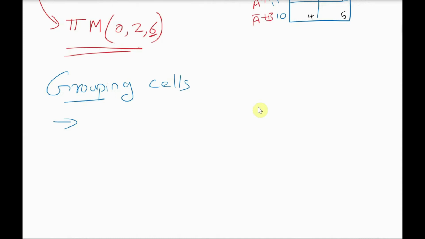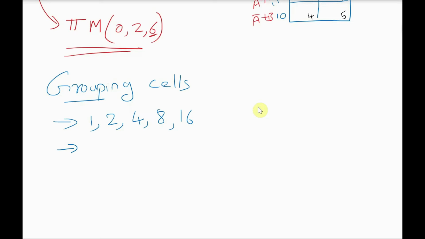The first condition is that a group consists of one cell, 2 cells together, 4 cells, 8 cells, or 16 cells together. We can also have 32 cells together when we consider the 5 variable kmap.